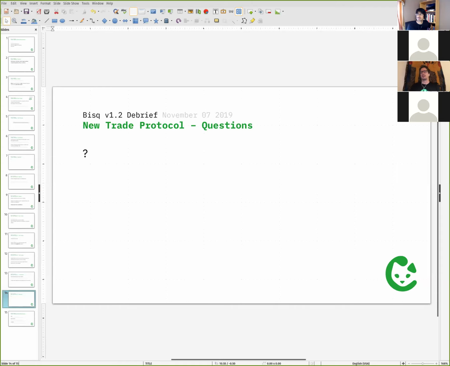But as Manuel said, if there are so many trades and they're just sending to the donation address at the same time, then it's really hard. As long as we don't have an automated system, we cannot increase the bond to such high levels that it could cover all the possible trade volume.